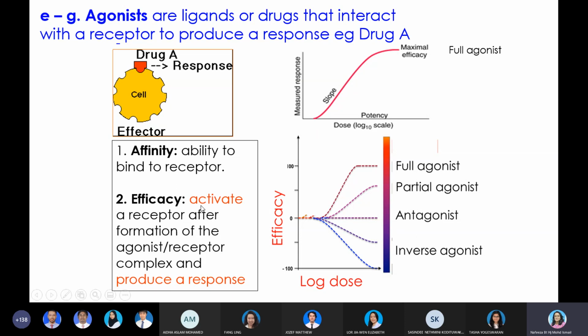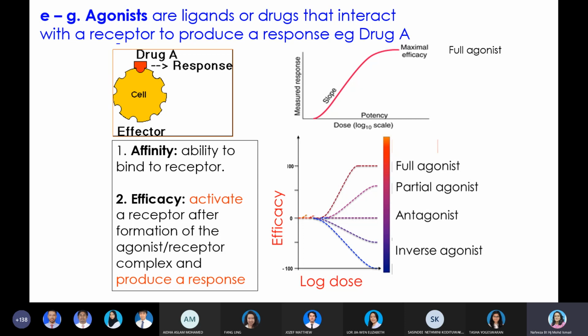Antagonist, no efficacy. Inverse agonist causes a response opposite to the agonist, so we say it's got a negative efficacy. That's the definition. Opposite to an agonist, whether full or partial.